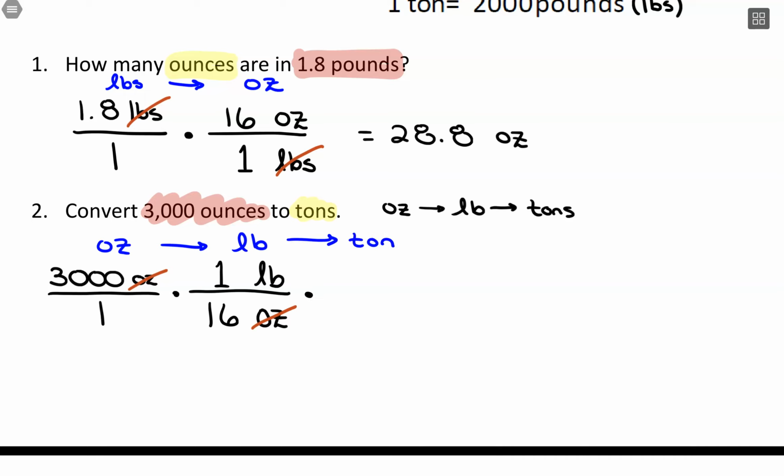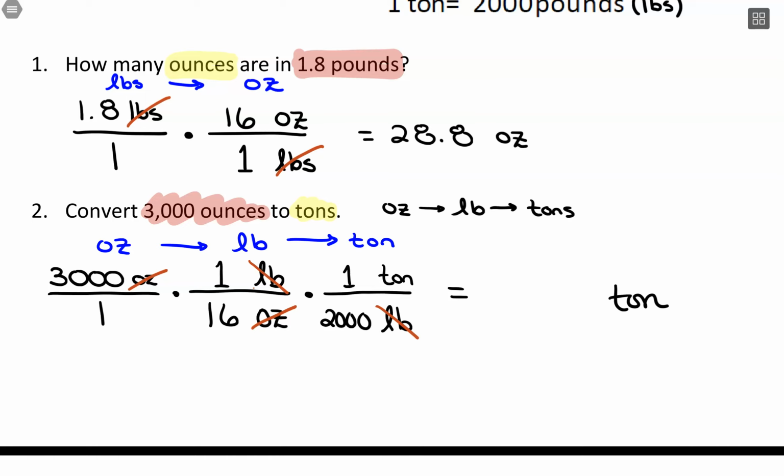So to do that, where I have pounds right now, I want to get rid of pounds and end up with tons. And the relationship goes 2,000 pounds to 1 ton. And then with that, pounds will cancel out. So we'll be left with just tons, as we wanted.